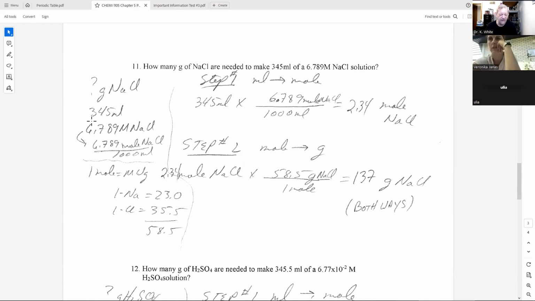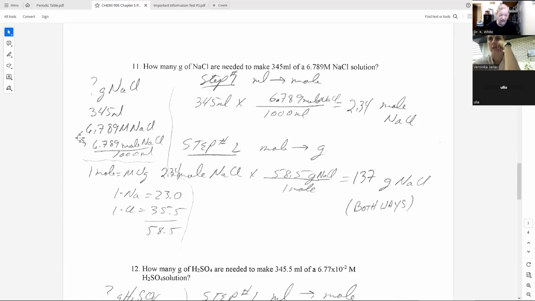What are we given? 345 milliliters of the solution and this number 6.789 capital M NaCl. Whenever you see a number, capital M, and then a formula, that stands for molarity. And molarity is moles of solute per 1,000 milliliters.